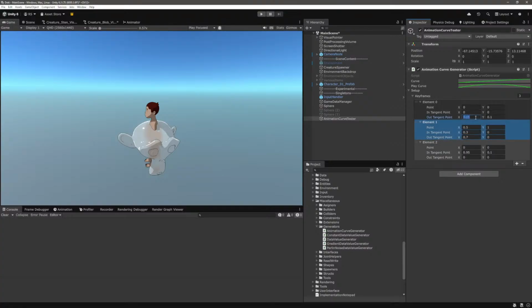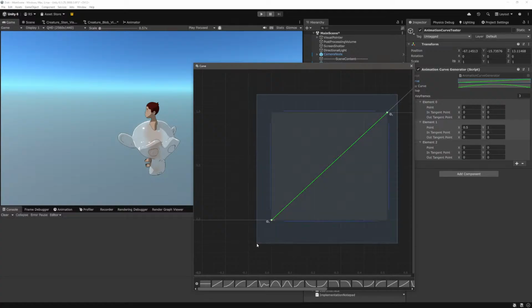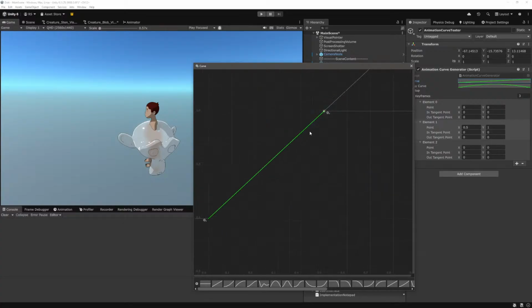And then if we just do 0, 0. Yeah, we don't actually have a middle point, do we? No, we don't. Or we don't have an end point, rather.